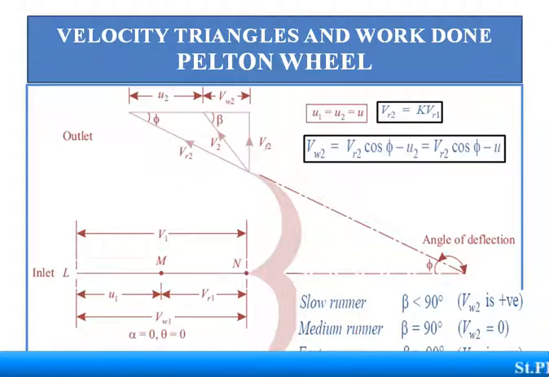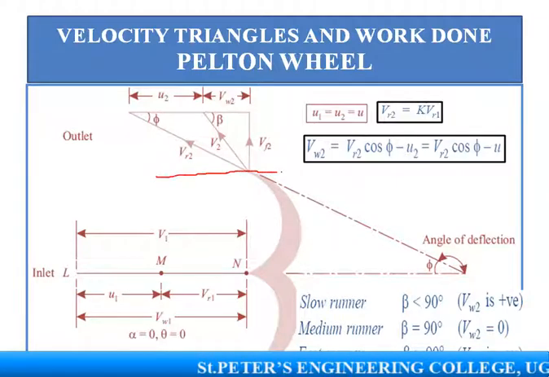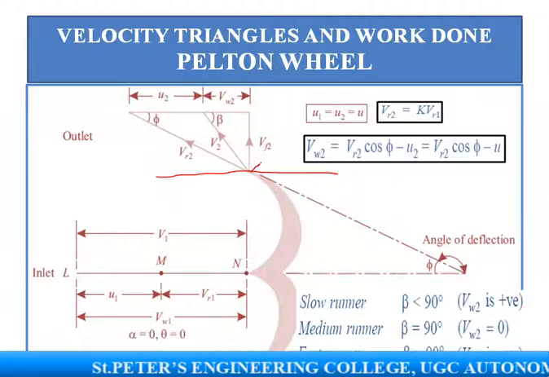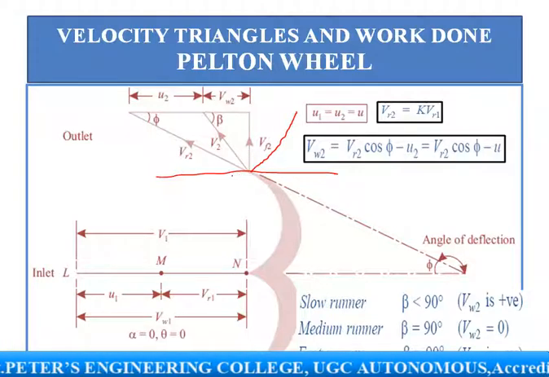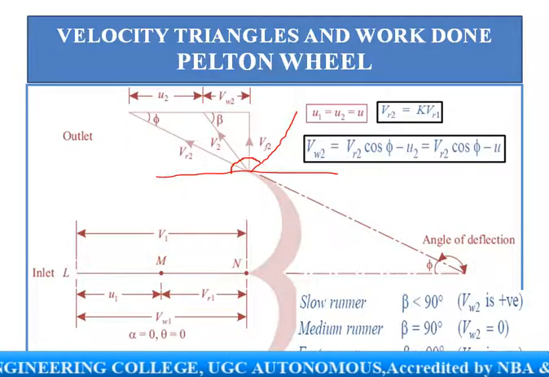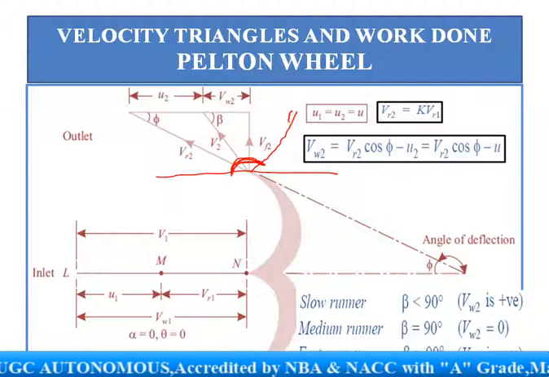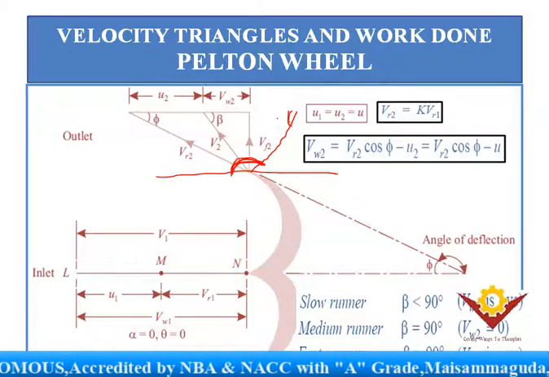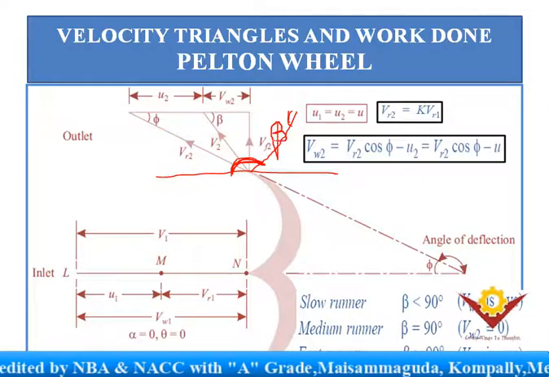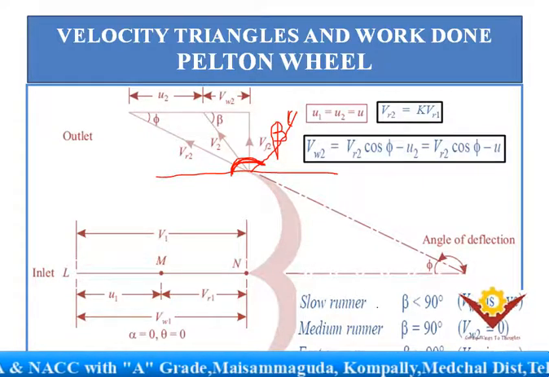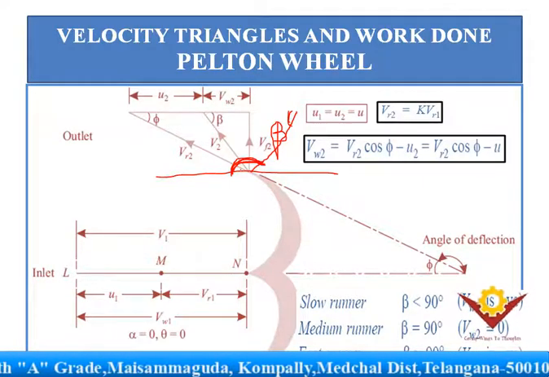And the next one, for the fast runner, your beta is more than 90. We can check here. With respect to the horizontal, it moves like this. So now your beta angle is this one, which is more than 90 degrees.